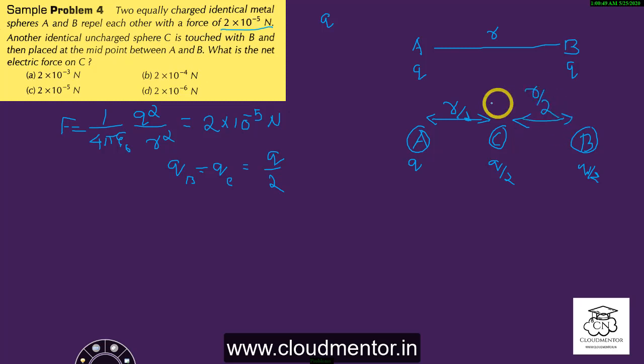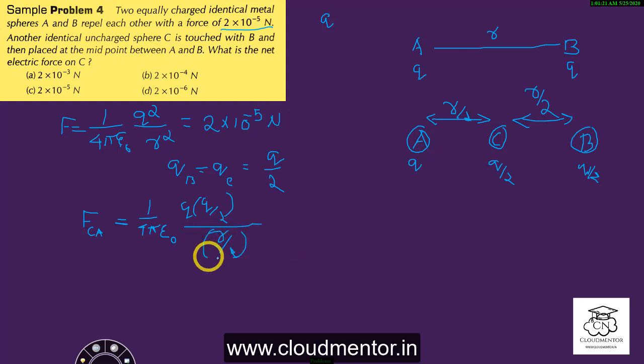Now the sphere C will experience both the forces from A and B. From A it will be FCA, which is equal to 1 by 4 pi epsilon 0 multiplied by q and q by 2, where q by 2 is the charge of C, divided by the distance r by 2 the whole square.